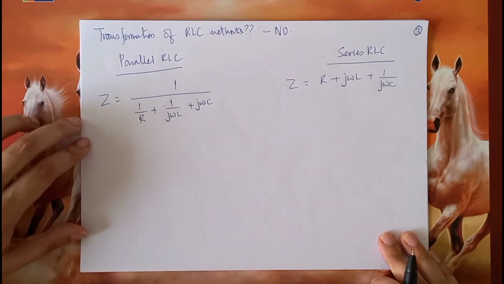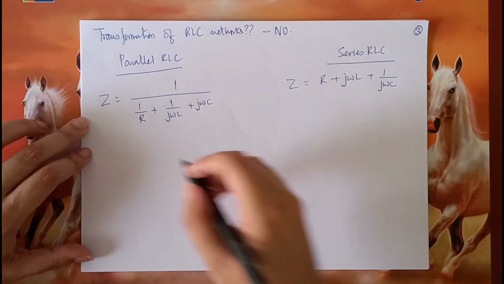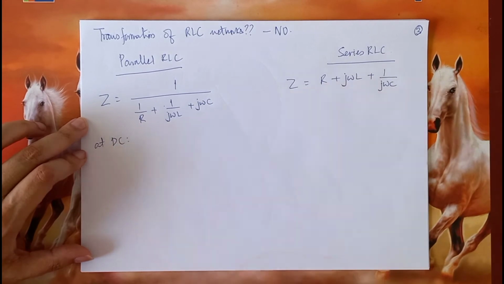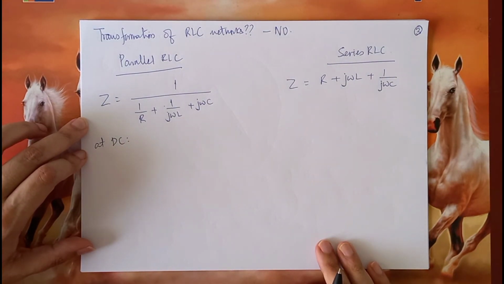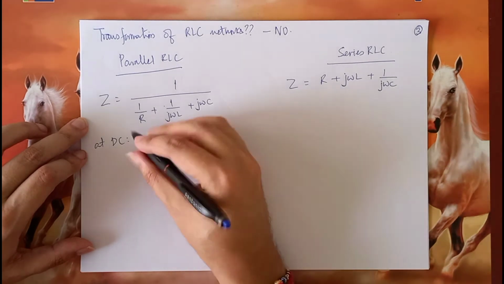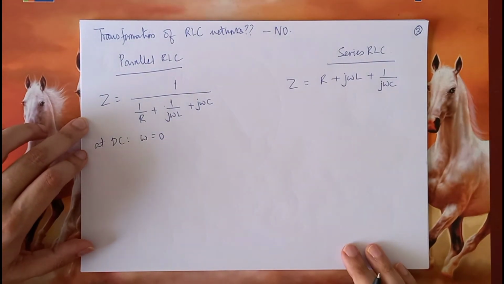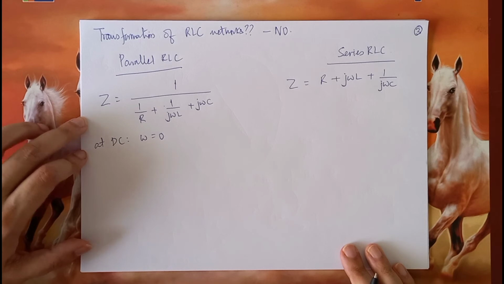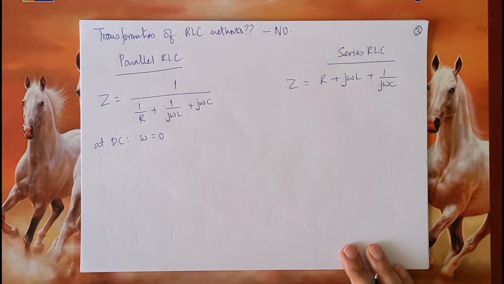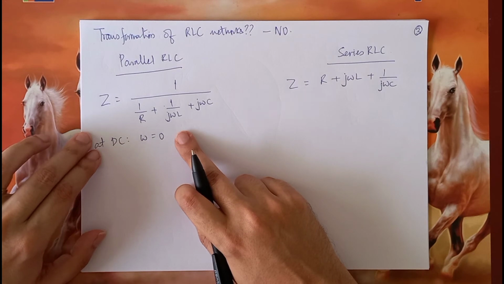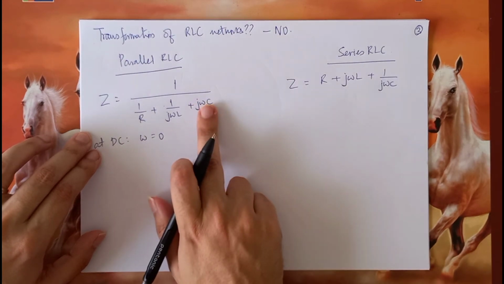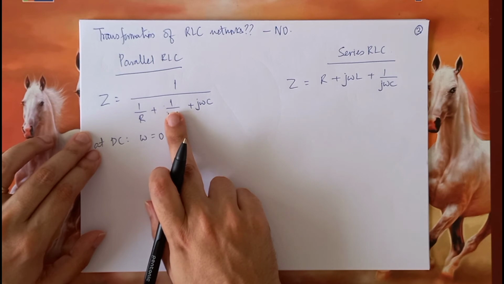So in case of the parallel RLC, at DC condition, that is when omega is 0, what happens? When omega becomes equal to 0, this term vanishes, this term becomes infinite.